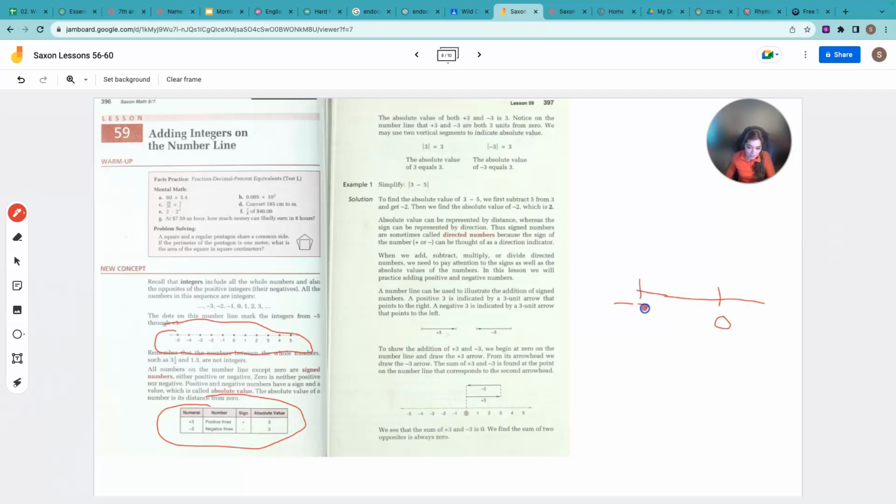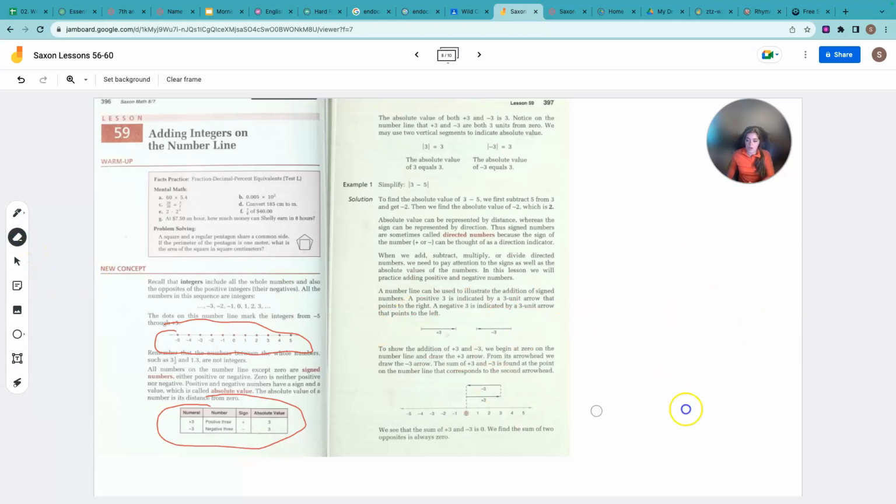So even though it's -3, the answer is just 3, because it's just 3 spaces away from 0. Absolute value doesn't take into account what the number sign is, whether it's positive or negative. It's just saying how far away from 0 it is.